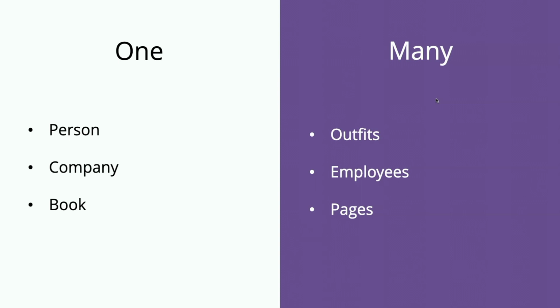If I'm building an application to keep track of everyone in my company, and I know everyone here is exclusive and they only work at my company, that's a reasonable relationship to create. But what if I'm the US government and I'm building an application to keep track of all the jobs that everyone has in the entire country? Maybe there are some people that work for more than one company at the same time. And so actually, it would be more like a many-to-many relationship for an application like that.